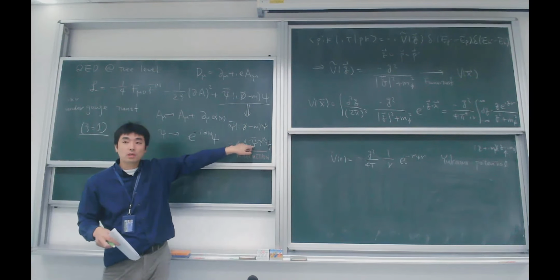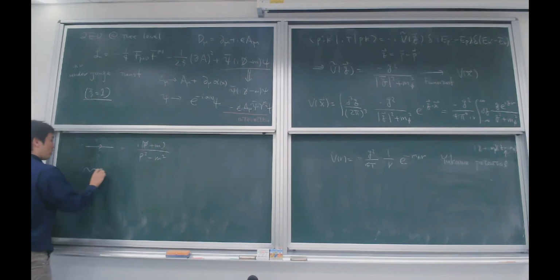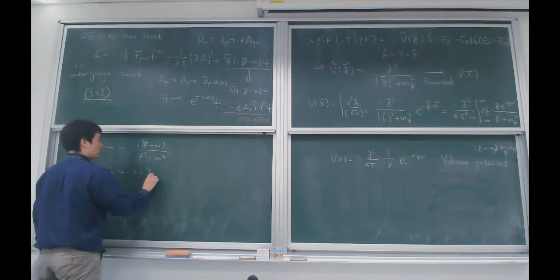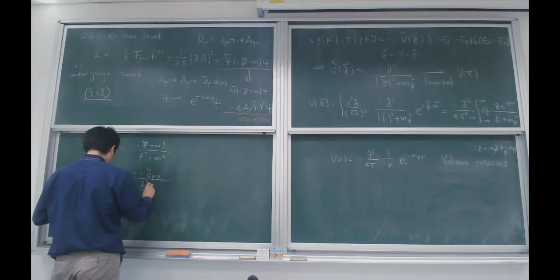So the new vertex is essentially this guy. The fermion propagator is i (p-slash plus m) over p squared minus m squared, and the photon propagator we already know is minus i g mu nu over q squared.